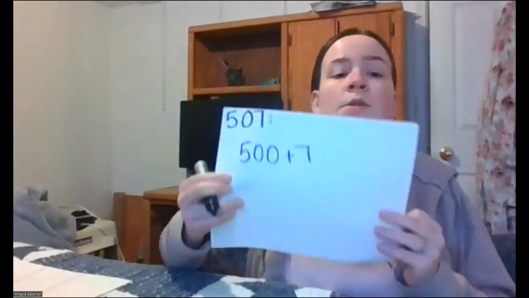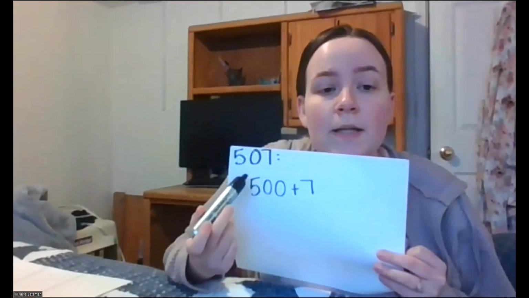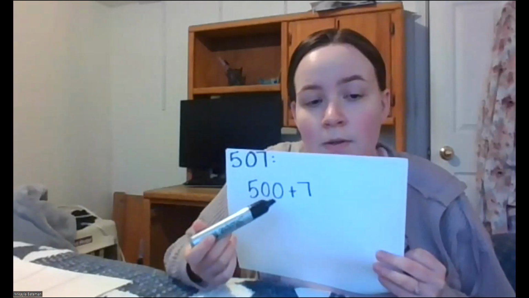Our next number is going to be 507. In expanded form, you don't write the middle because you don't have any tens. So all you're going to write is 500 plus 7. Super easy because you don't have any tens. All of our tens, we don't have any. We ate them all.